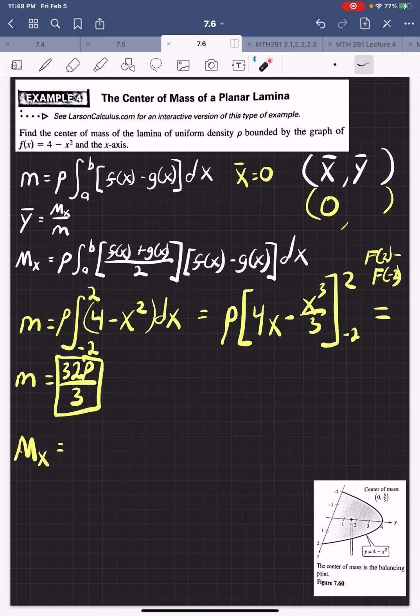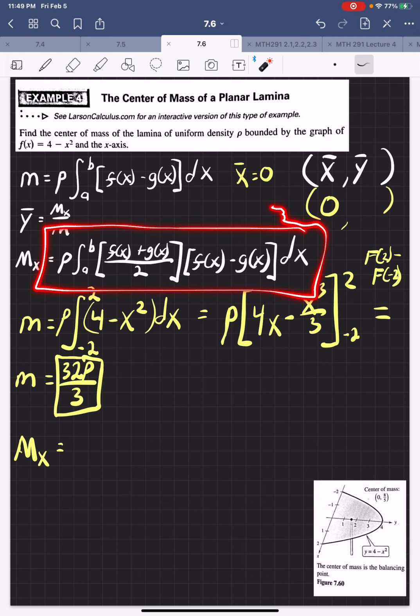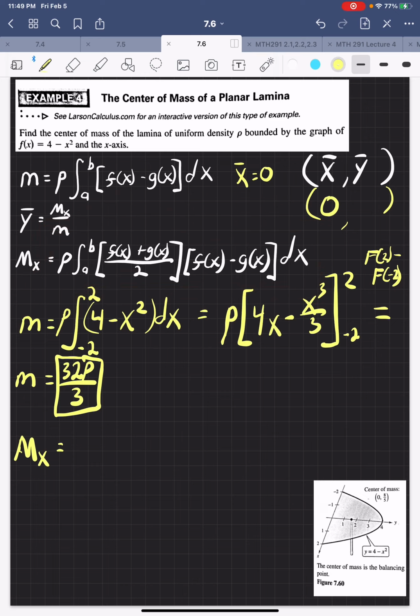Okay, so we're going to be using the following formula. Well, what is g of x in this case? Well, clearly f of x is 4 minus x squared. But what is g of x? Well, don't you remember we were bounded by the x-axis?